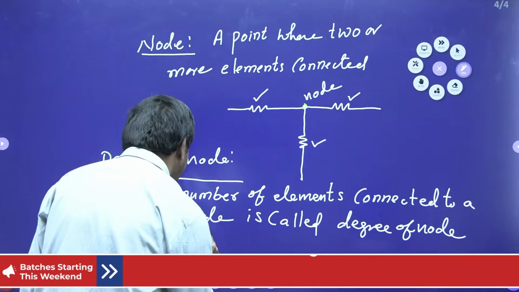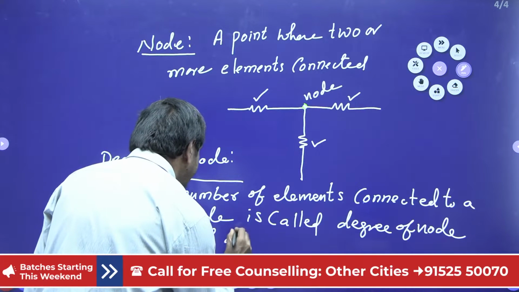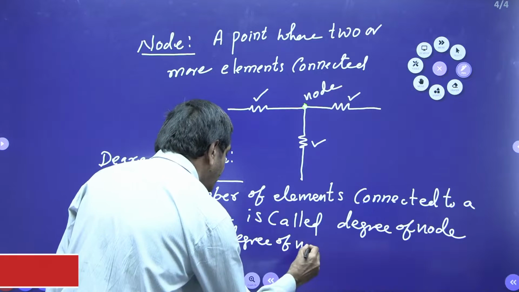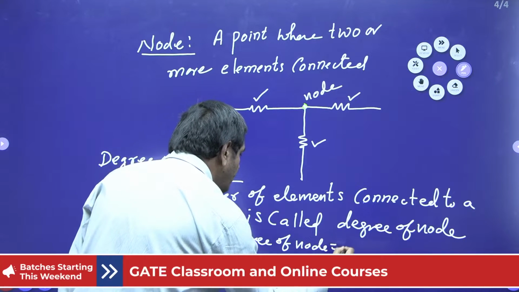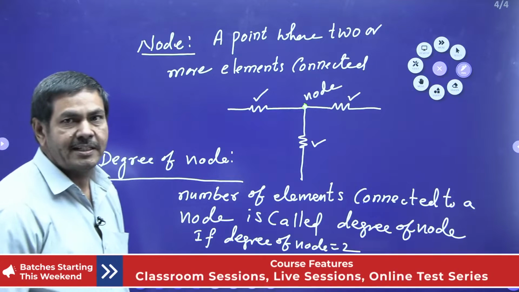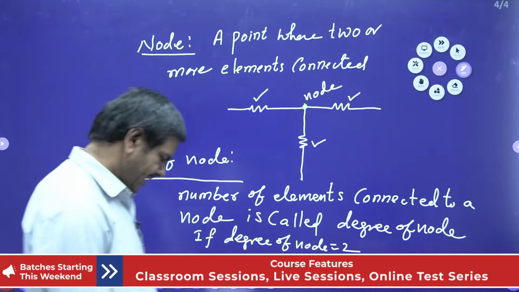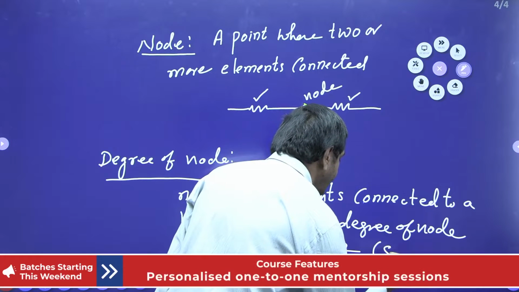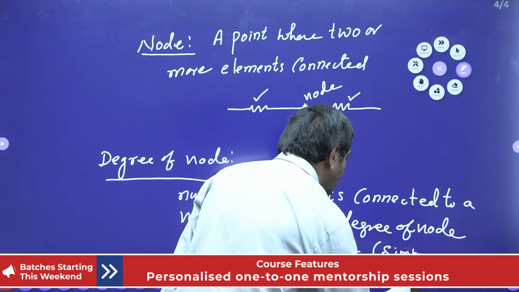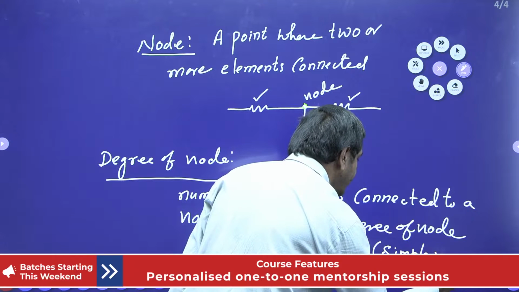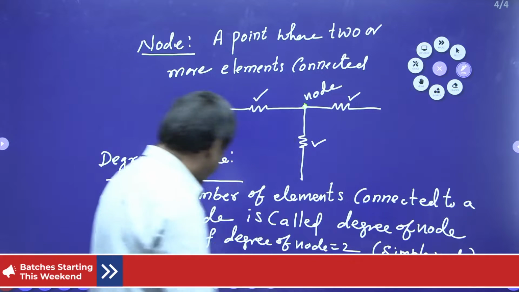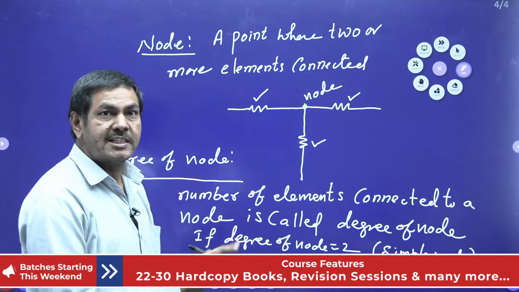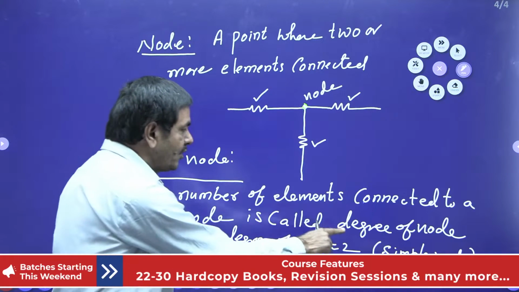Now one more point you have to understand, a very important condition. If the degree of the node is equal to 2, suppose you are getting 2, it is called a simple node. Whenever the number of elements connected to that particular node is 2, we call it a simple node.